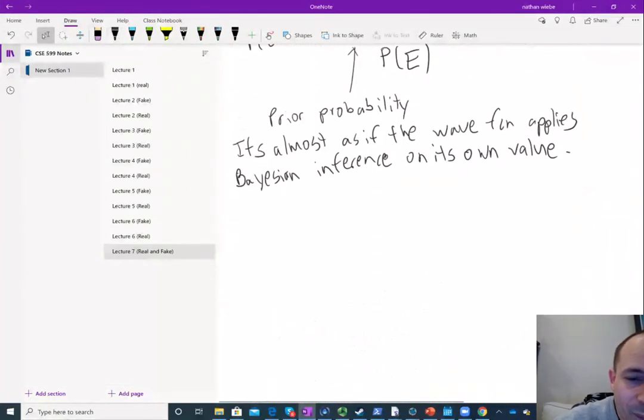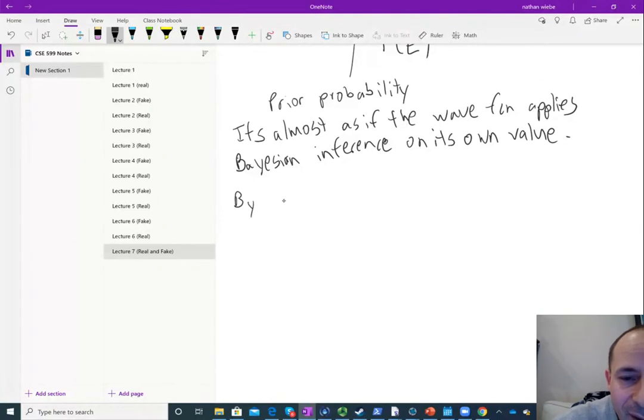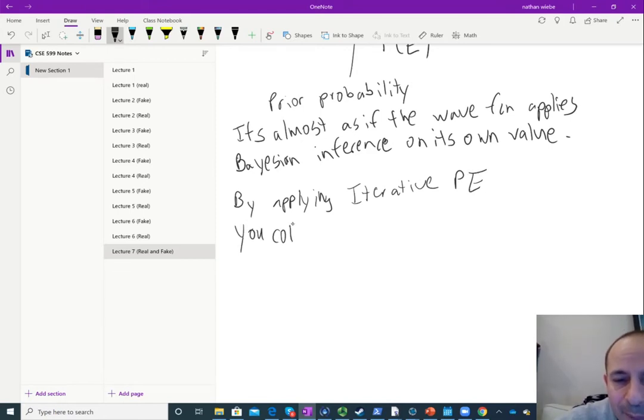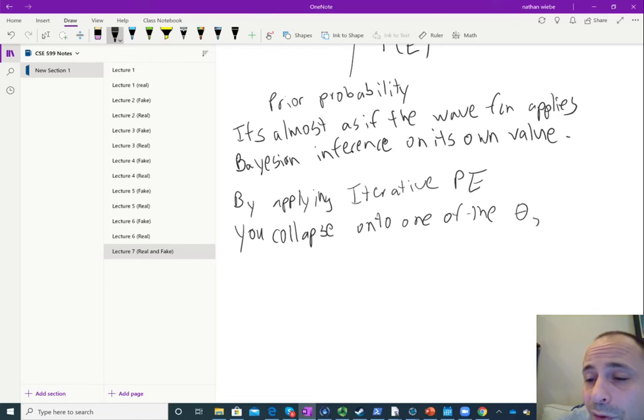So, by applying iterative phase estimation, you collapse onto one of the theta sub j's.